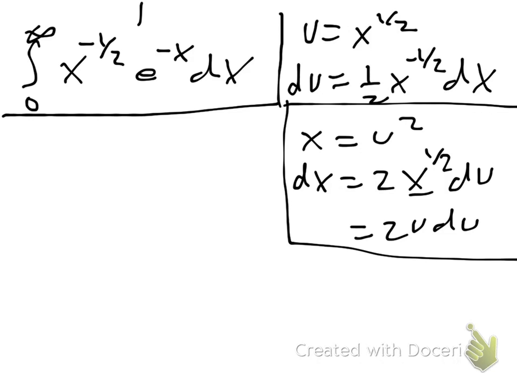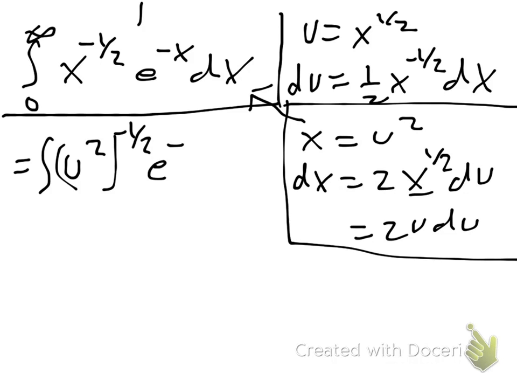So we're going to plug this stuff into this integral. So this integral now equals the integral, we're going to say that x equals u squared, so we have u squared to the minus 1/2, e to the minus u squared, and then plugging in dx, 2u du.